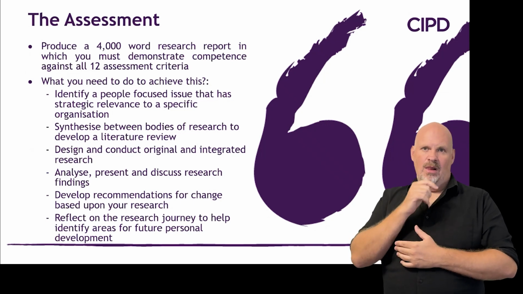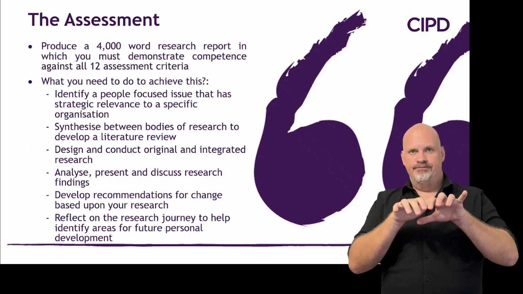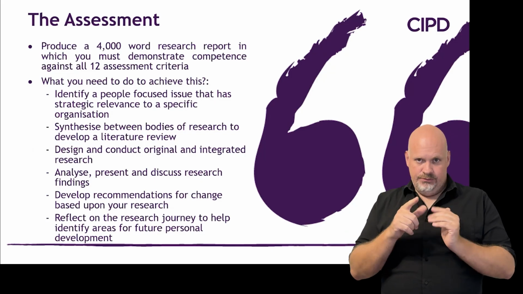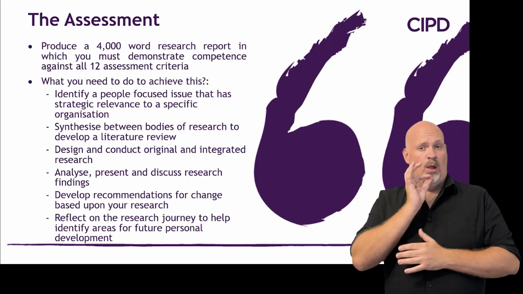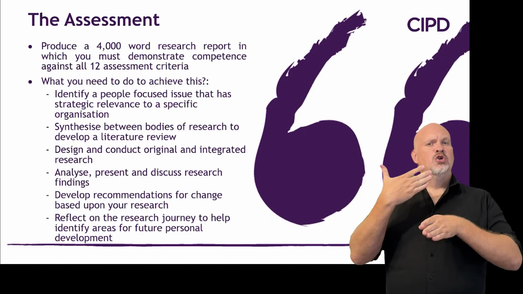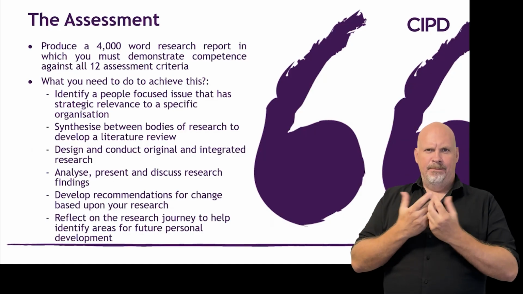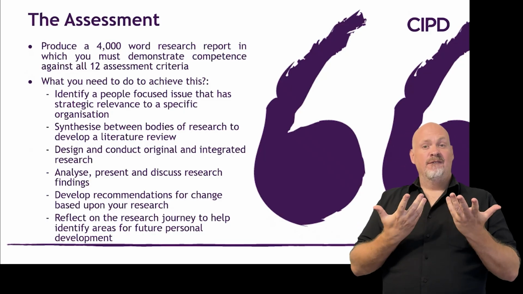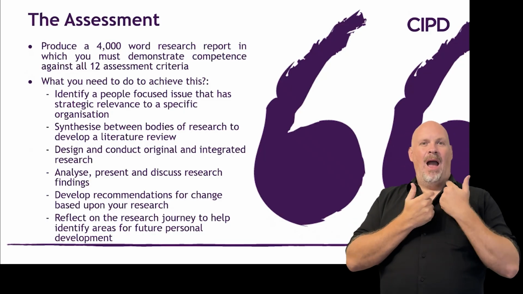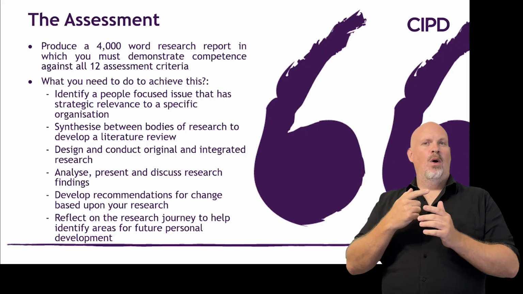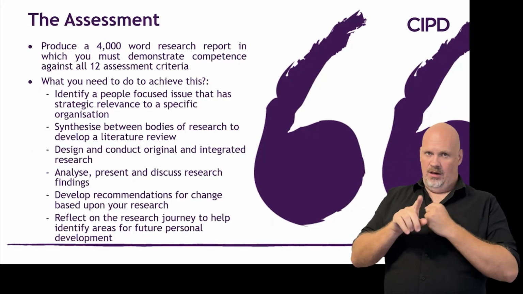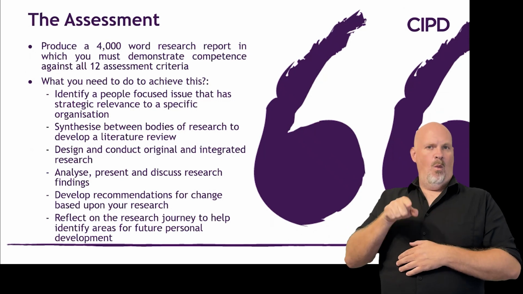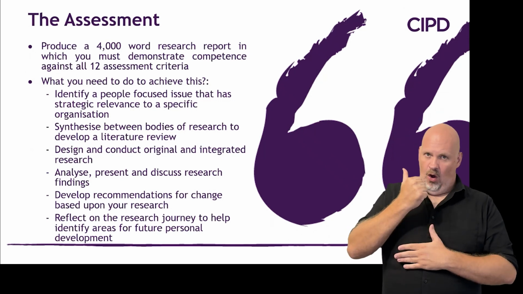So it needs to be aligned to the business issue and to the research aim, which we'll have a look at in a second. The reason we're looking at you conducting your own research is that you can also analyse and present those research findings, and contribute to the body of published research that's gone before you.